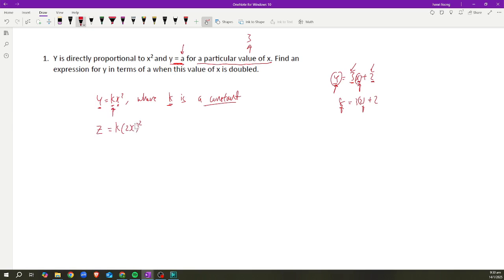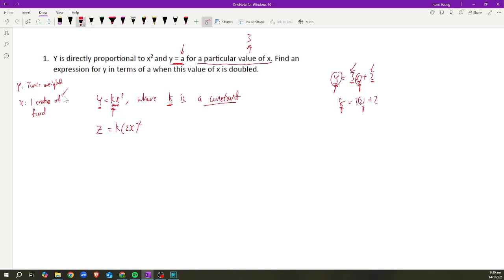Just think of this with a suitable analogy, where y is like Tom's weight and x is one crate of food. So Tom's weight is related to a crate of food through this equation, k times x squared.